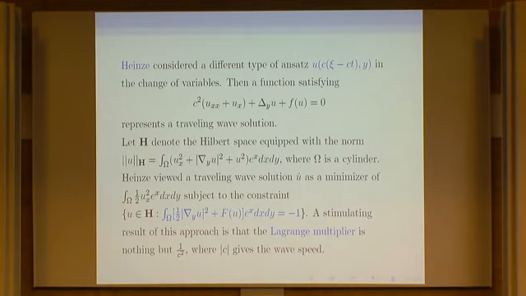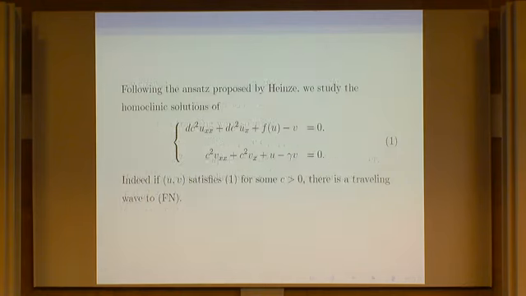Again, with this constraint, there must be a Lagrange multiplier. But in this approach, the Lagrange multiplier is 1 over c squared, and the absolute value of c gives the wave speed. So we basically follow the ansatz proposed by Heinz.